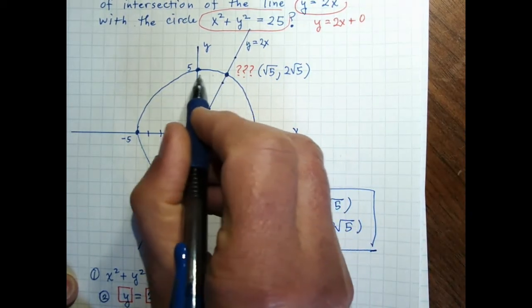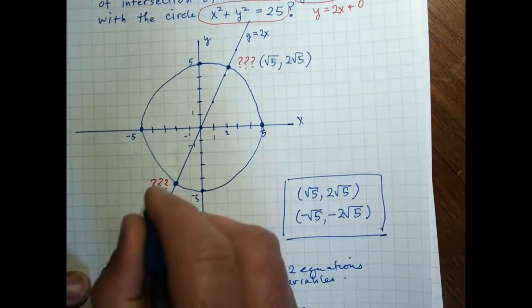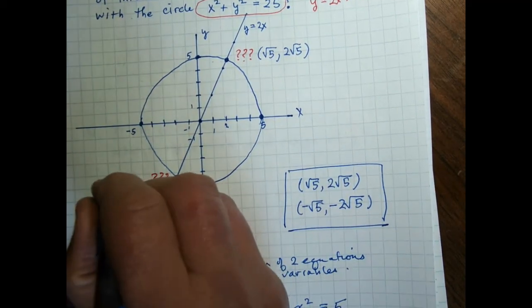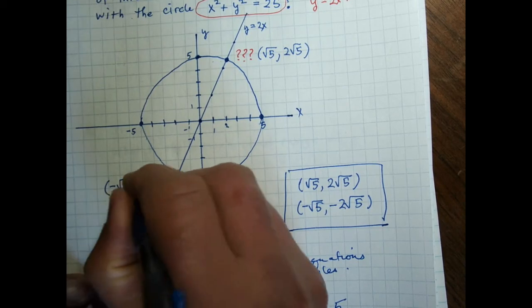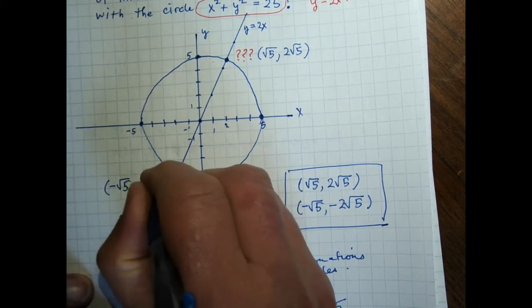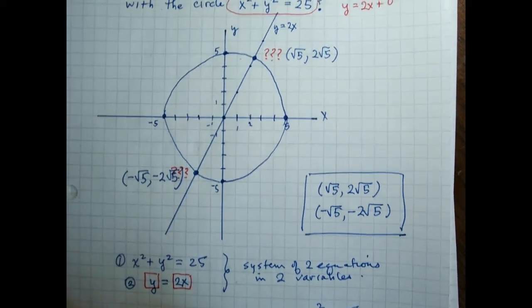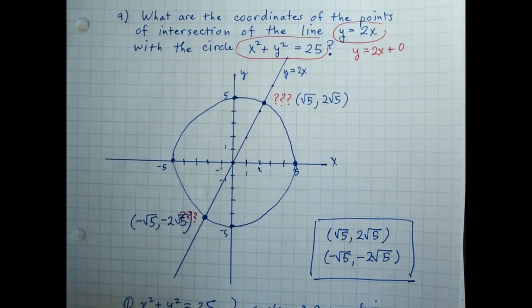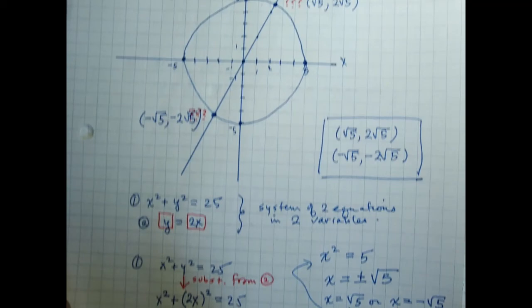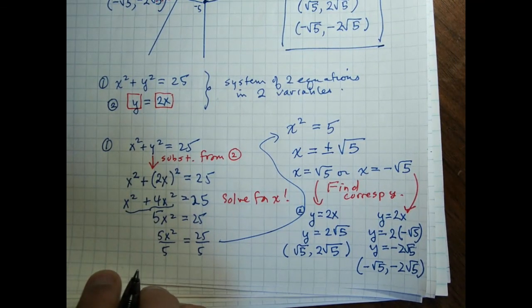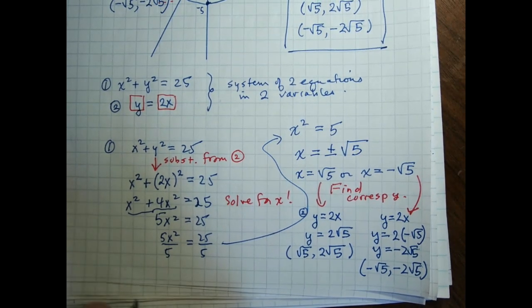So the y value there should be about 4.4. My other point has both negative coordinates, negative square root of 5, negative 2 square root of 5. So I kind of like how I can see the meaning of the answer we got here on my graph. But the algebra of the solution is down here at the bottom, where we went through this substitution method to solve.